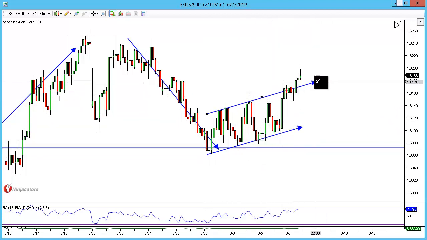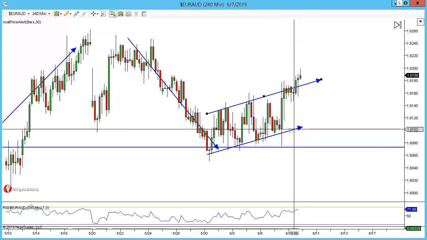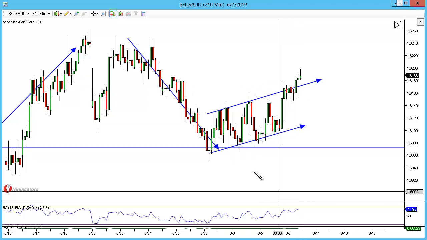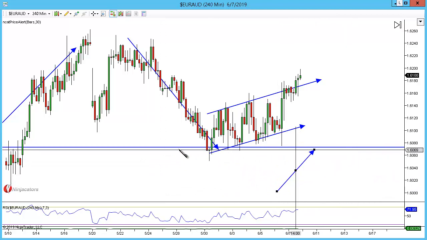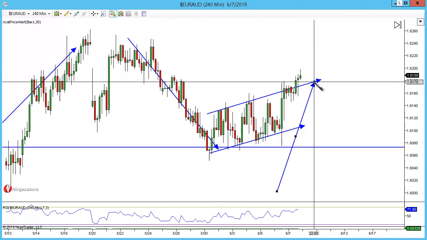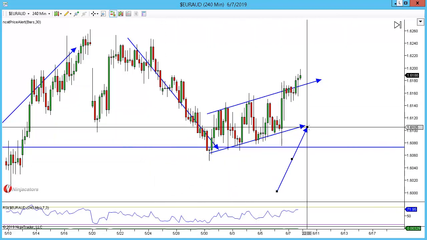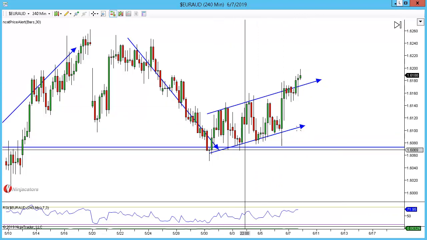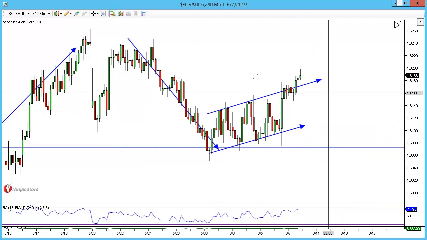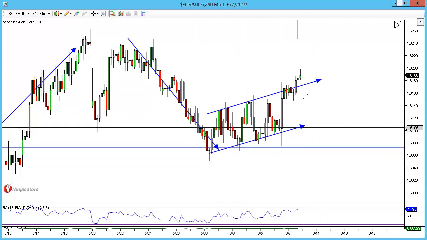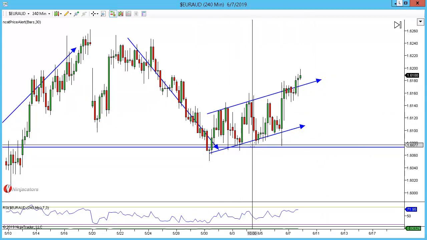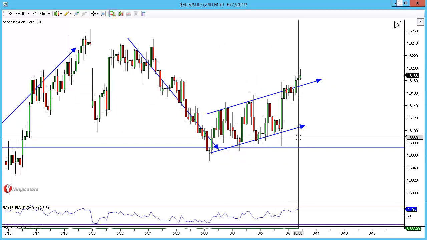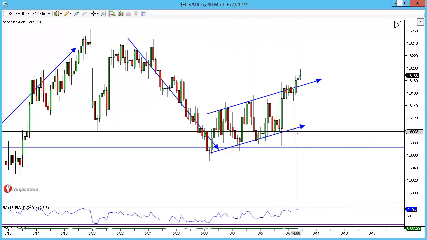What I'm personally going to look for now is, I treat channels as just structure. Channels are just horizontal structure like this, except they're ascending or descending structure lines. To my personal preference, if I'm quite honest with you, I love channels. I've done some educational material on channels, and they are ridiculously profitable if you know what to spot for early and you know the strategies you can implement inside of them.